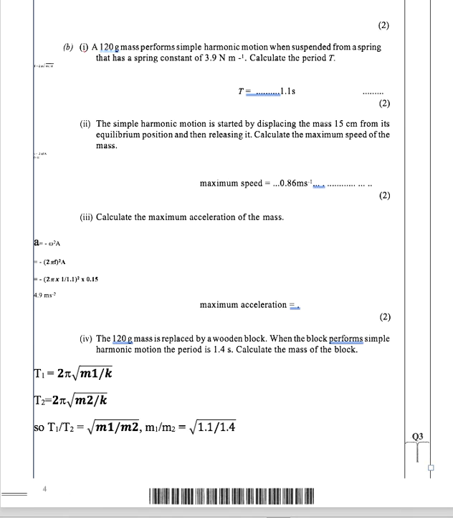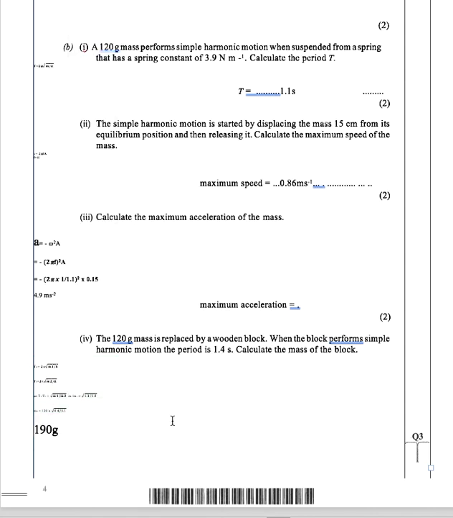So if I rearrange that to make m2 the subject, I get m2 is 120 times the square root of 1.1 over 1.4 over 1.1. And that gives me an answer of 180 grams, which I'll have to make this a bit smaller to see. So there you go, 190 grams is your answer there.